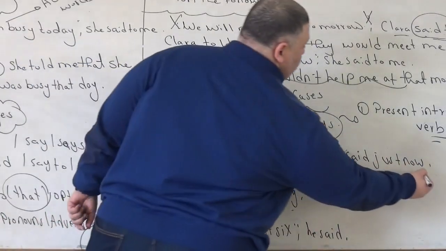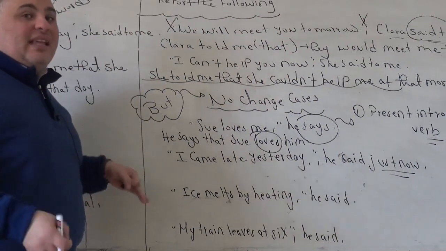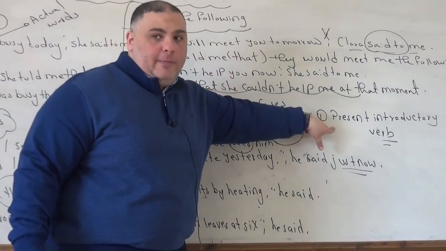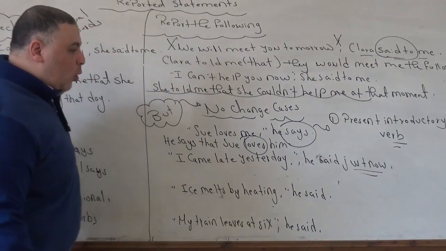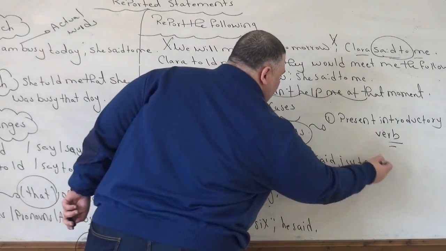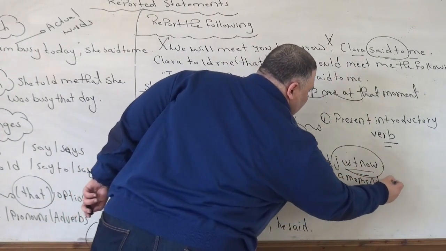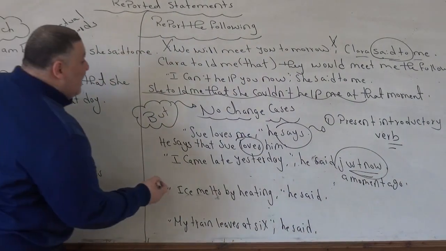In the second sentence, I came late yesterday, he said just now. We see here that he used the words just now or immediately, which means that the man has just said these words, which means that we are still in the present time and we haven't left. That means also that I will make no change. So just now, or a moment ago, he said a moment ago, or he said just now, or he has just said, that means also that I will make no change.